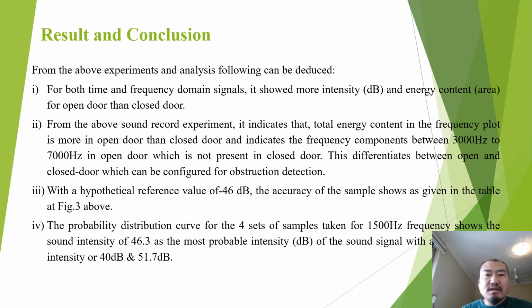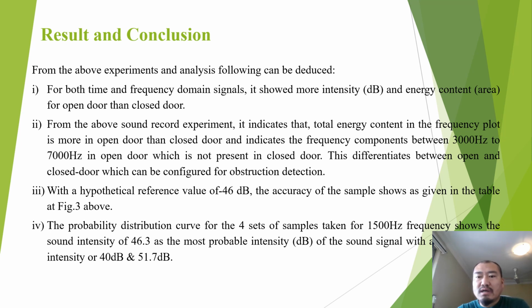If you can see, both time and frequency domain signals showed more intensity and energy for the open door than the closed door. And from the above sound experiment, we can also see that the total energy content in the frequency plot is more in open door than the closed door, and indicates the frequency components between 3000 hertz to 7000 hertz in open door, which are not present in the closed door.